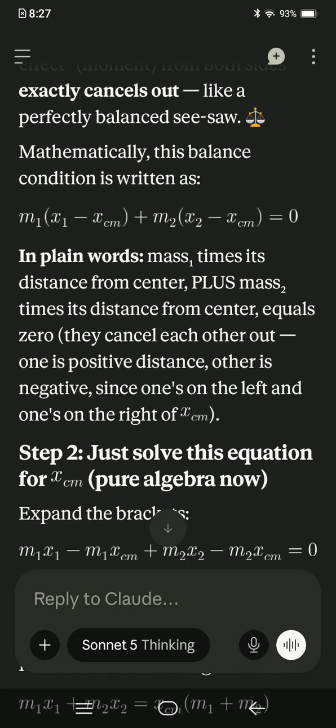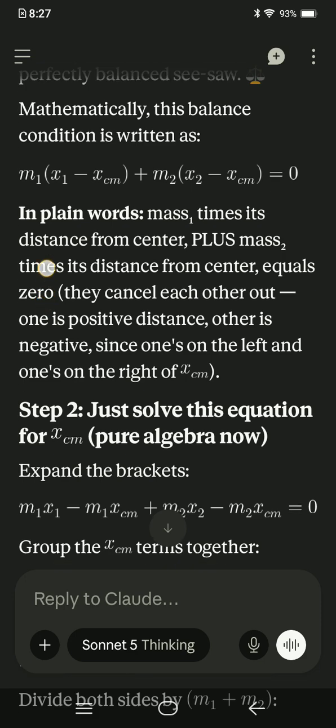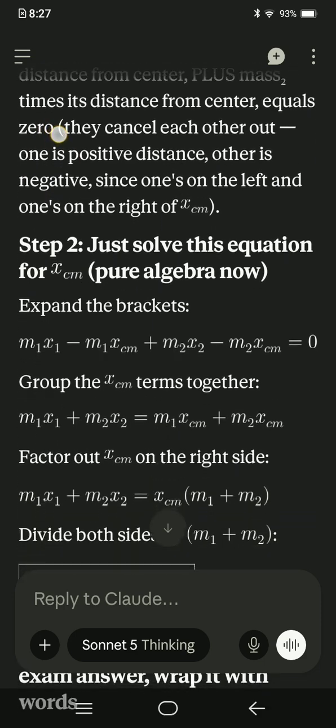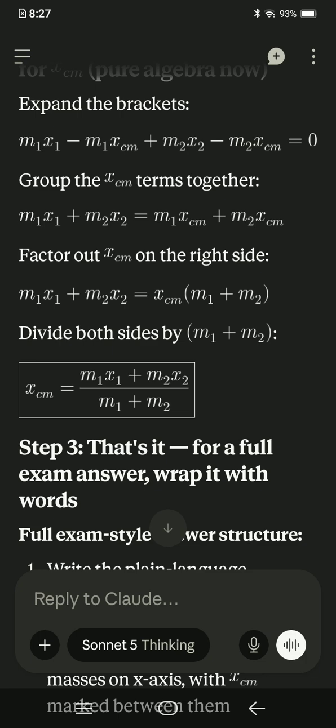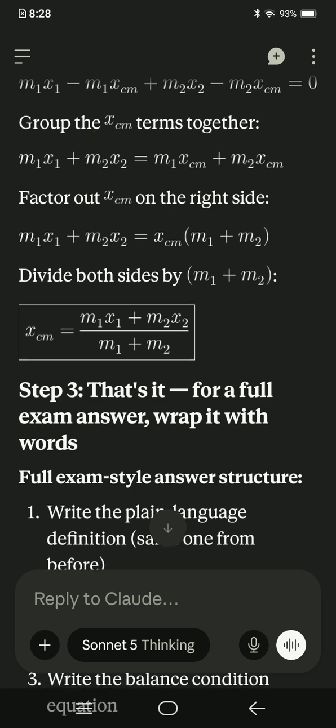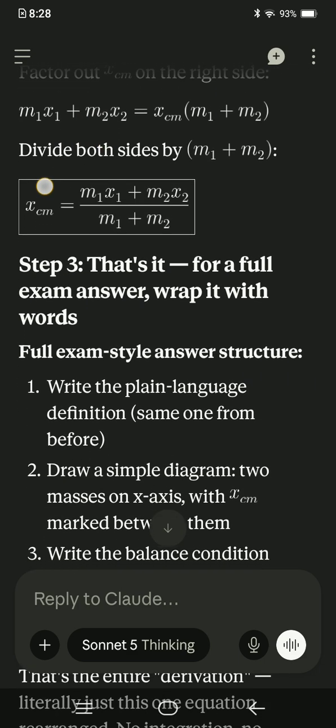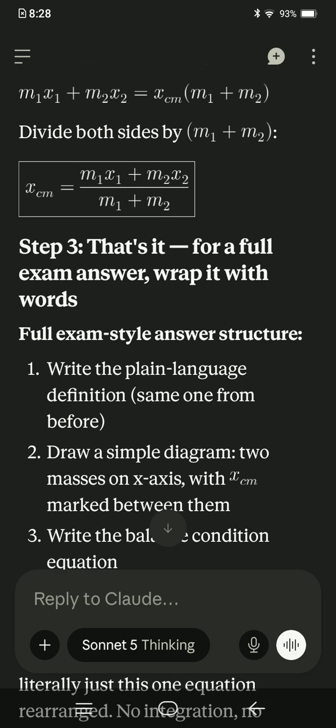One is a positive distance, the other is negative, since one's on the left and one's on the right. Just solve this equation for x cm, pure algebra. We already did it actually. Expand the bracket, then group x cm terms together, factor out x cm on the right side, divide both sides by m1 plus m2. So step 3, that's it.